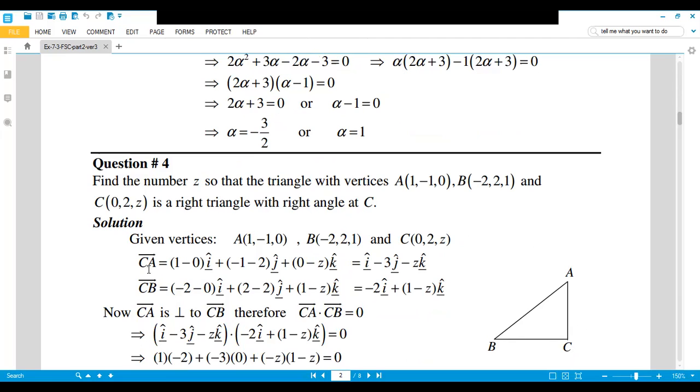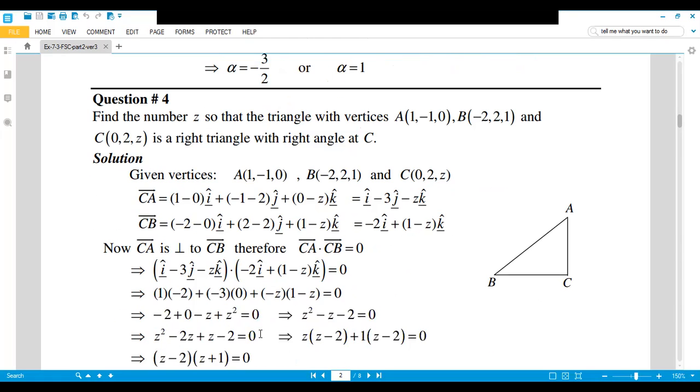So AC is, we find, 1 minus 0 i, minus 1 minus 2 j, and 0 minus z k. So we get this vector. And CB is minus 2 minus 0 i, 2 minus 2 j, and 1 minus z k. So this is the second. Now if AC is perpendicular to CB, their dot product should be equal to 0.